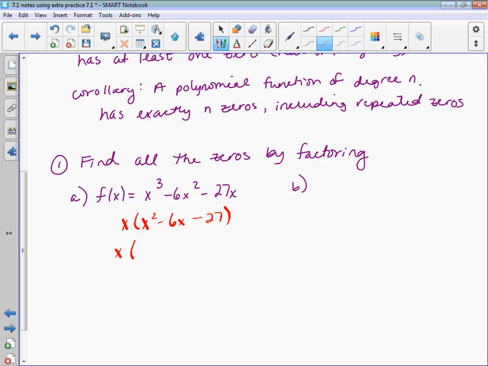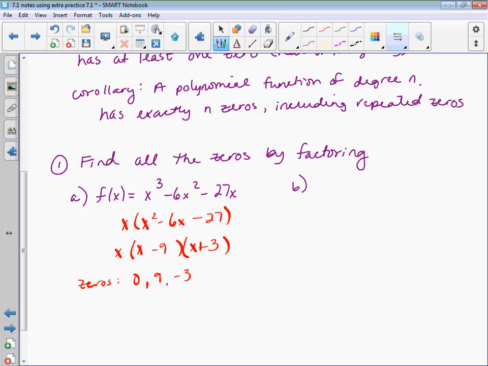So leave that x outside. What does that trinomial factor into then? So your zeros: 0, 9, negative 3. For now, no weird notation that you have to worry about. You can just tell me what they are. Okay. For now. Baby steps.